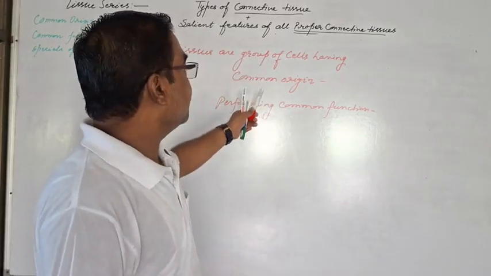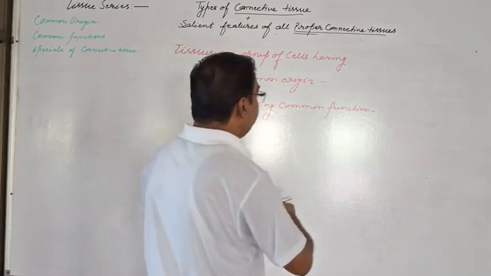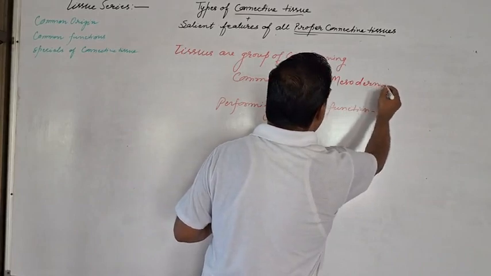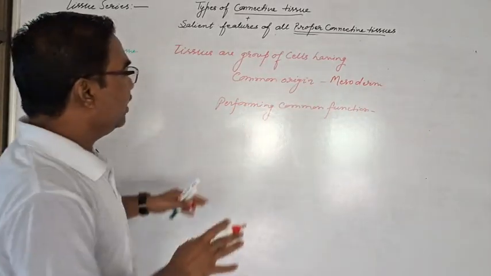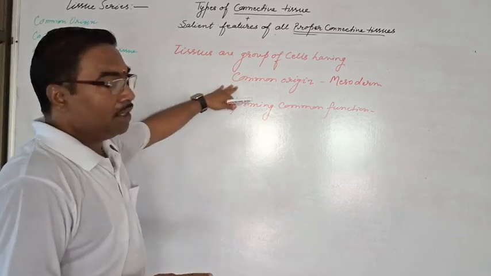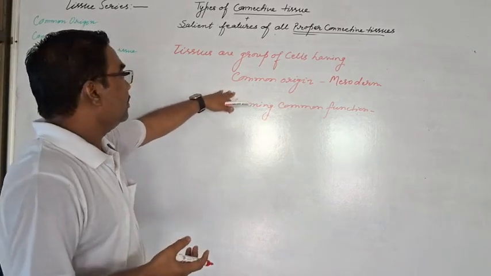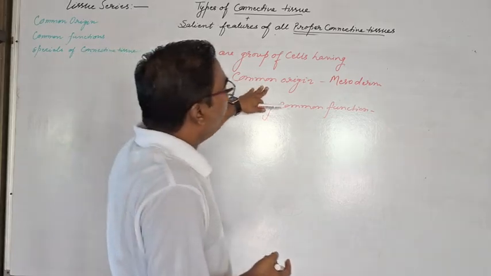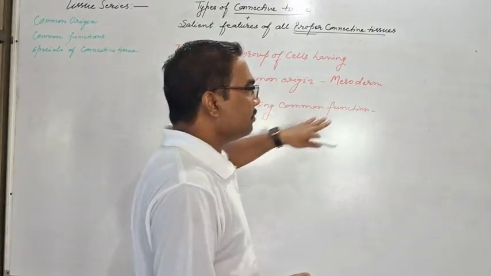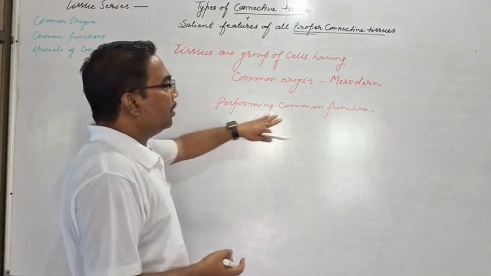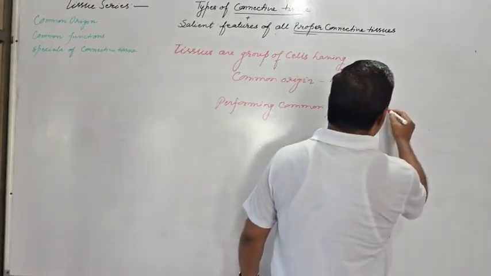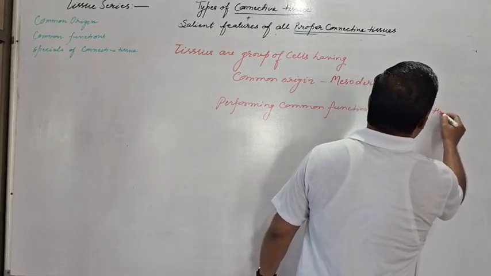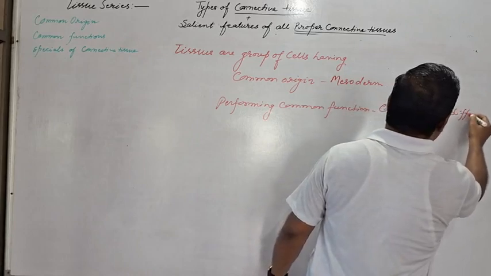The connective tissues are formed from only mesoderm. So we can get knowledge from the definition of tissues: the common origin of all types of connective tissue is mesoderm, and the common function of all types of connective tissues is connecting the different parts of the body.